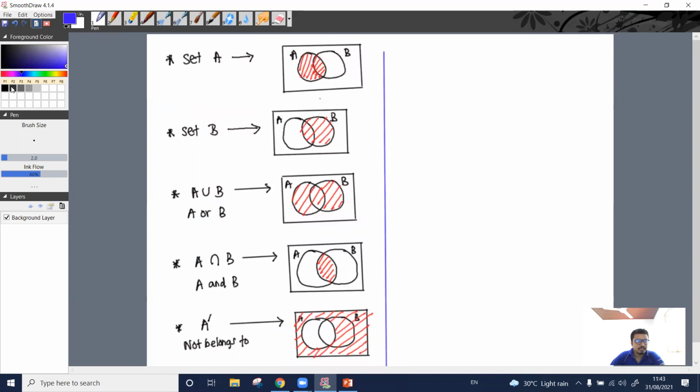We take a few more examples. B dash. How can we represent that? B dash means what?